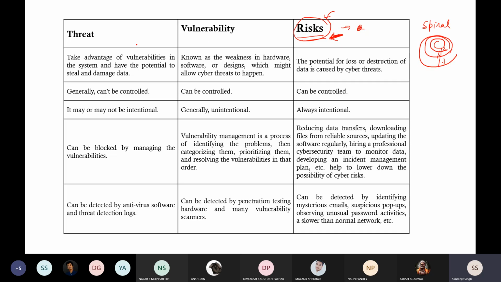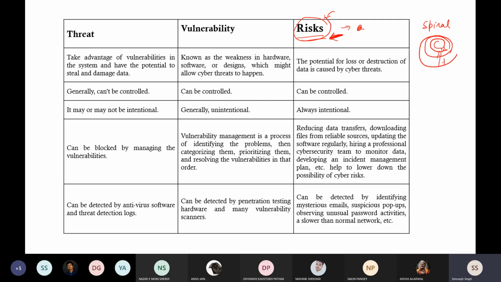Again, what is the difference between a threat, a vulnerability, and a risk? A threat takes advantage of the vulnerabilities in the system. Threat is very specific. It cannot be controlled, just like you cannot control viruses. If a virus is in your system, it has to do a specific task.